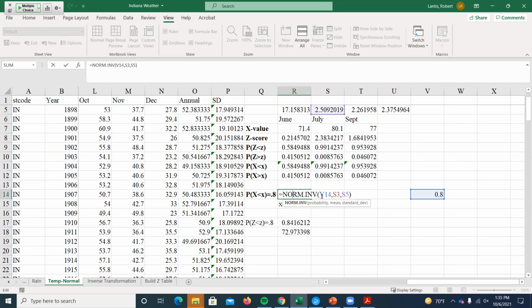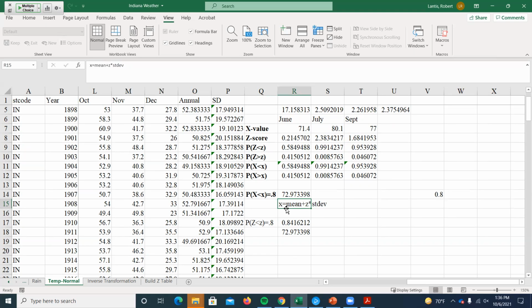So the ordering for that norm.inv function is probability, mean, standard deviation, the three things you have to tell it, okay? Then what it does is it looks up that probability in the table, finds the corresponding z-score, takes that z-score plus the mean and standard deviation you told it, plugs it into this inverse transformation formula, and spits back out that x value, okay?